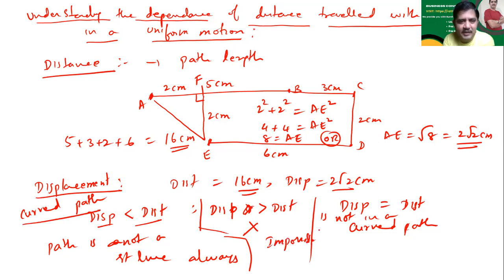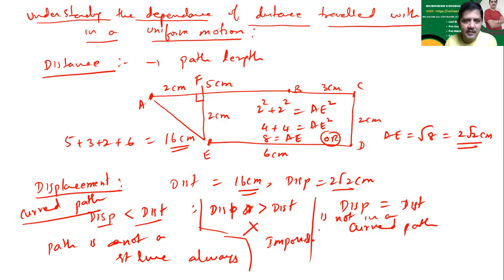See how nicely, using the values of displacement and distance, you are able to infer whether the particle is moving in a straight line or not. Has it got deviated or is it going straight?